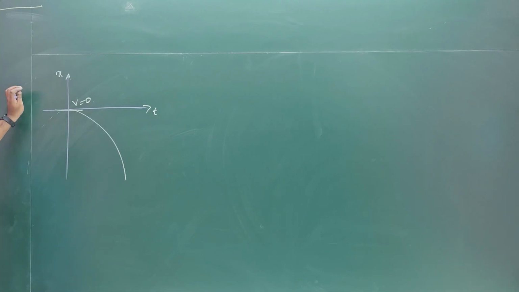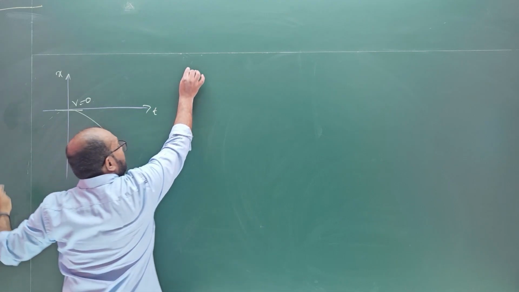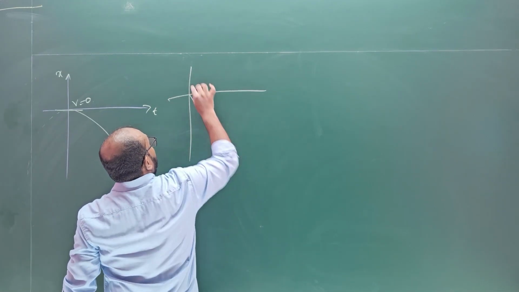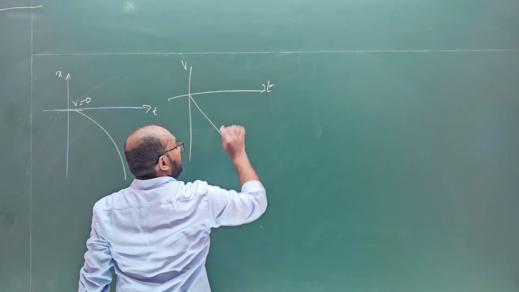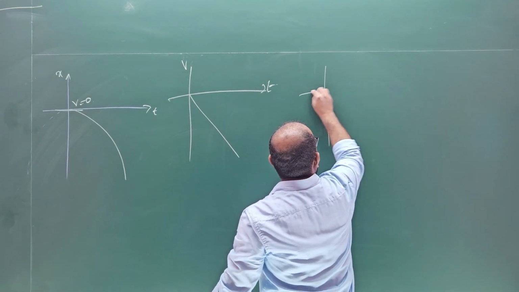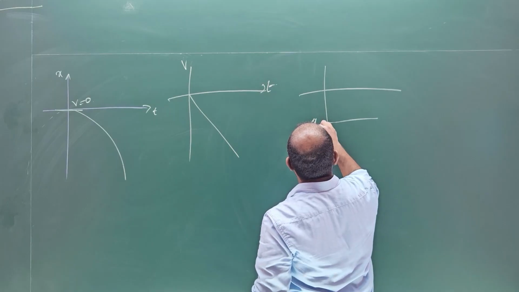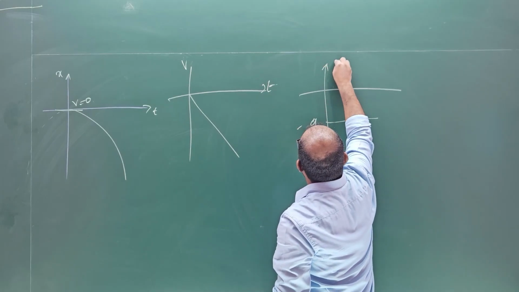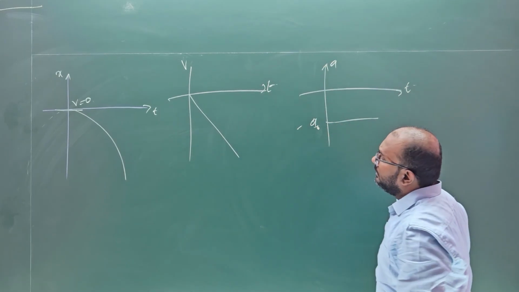Moving towards negative side. Velocity increasing, decreasing, increasing. Then how to write this one? So can I write this one? It will be Vt, AT. Again, the same thing. The same thing can be represented in a different form. Yes or no?